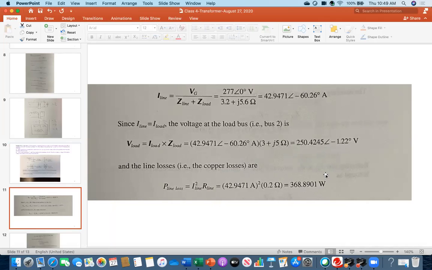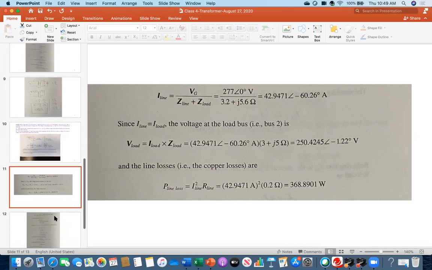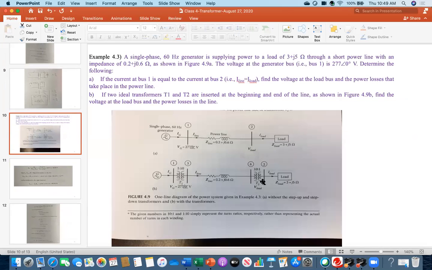Now we will go to the second part, taking into account the transformer in the line. So look at this problem first. The first step, we have to start from the right side and then go until the generator. First, what I will be doing, just concentrate on this part.